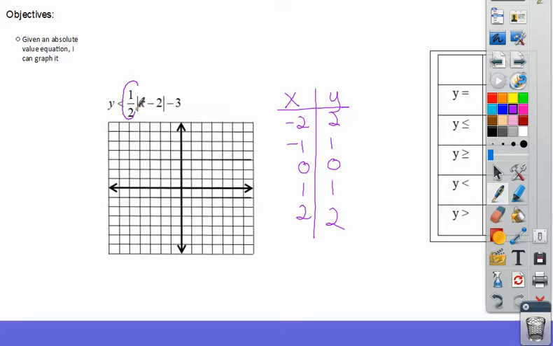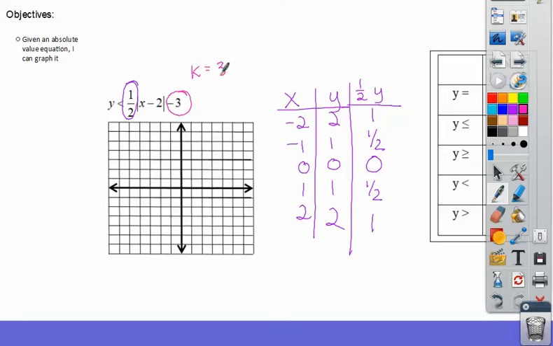How did I change it? I multiplied it by a half. So I take this y value and I multiply it by a half. So half of 2 is 1, 1/2, 0, 1/2, 1. Then I'm going to do the opposite of that, if you guys remember, because k is positive 3.